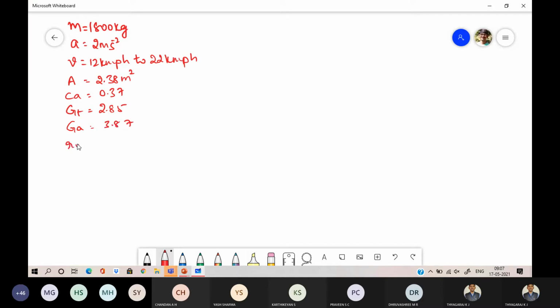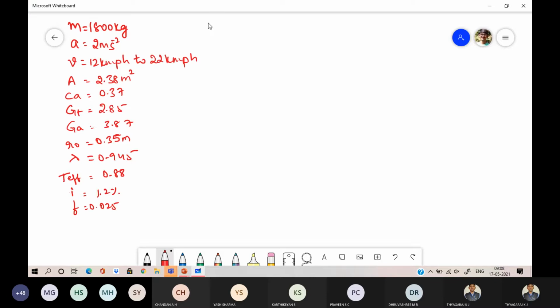Then radius of tire is 0.35 meter. Then deformation factor is 0.945. Then transmission efficiency TF is 0.88. Then gradient I is given as 1.2%. Then F is equal to 0.025. So these are all the data they have given.